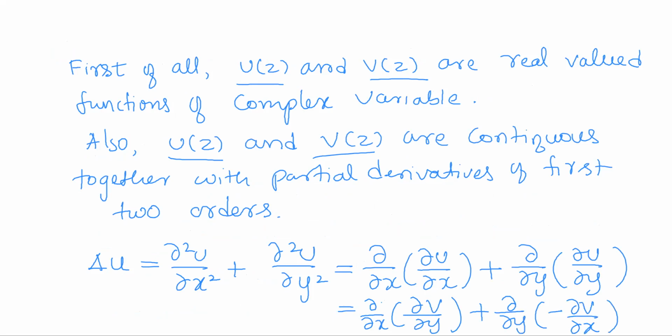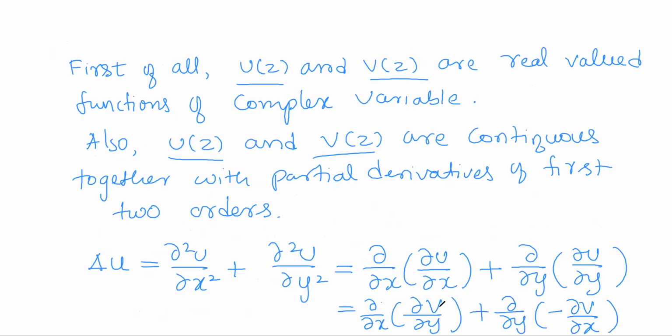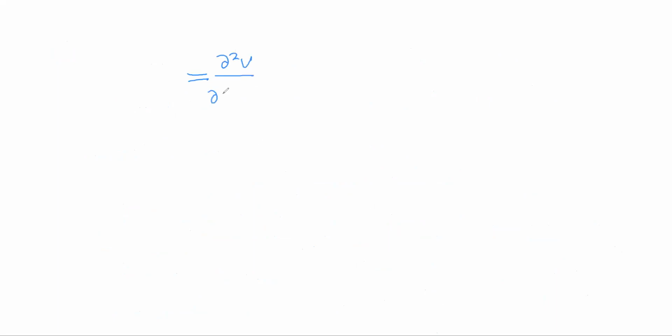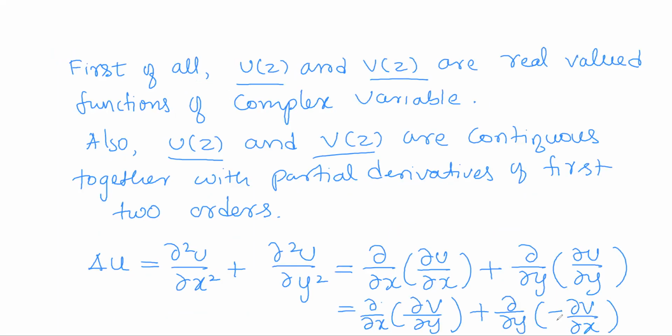And what is it? So the first term is dou square v by dou x dou y. Another term, so minus, you can take it outside. So dou square v by dou y dou x.